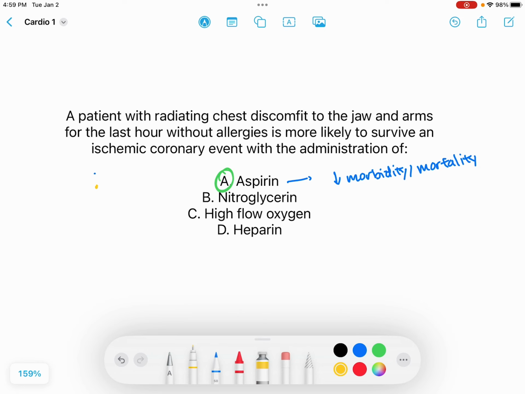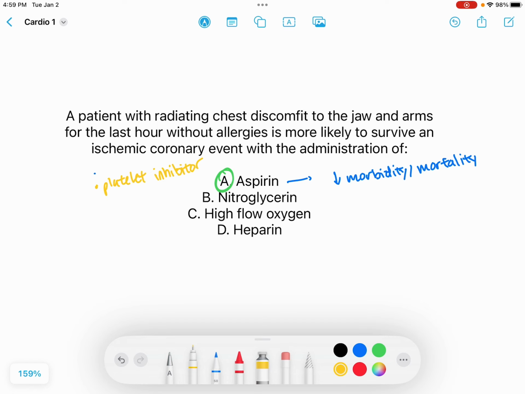But anyways, aspirin functions as a platelet inhibitor. Now, we know that it is an NSAID. It's a non-steroidal anti-inflammatory medication, in the same vein as ibuprofen, naproxen, or Aleve. But aspirin in particular has a lot of platelet inhibition properties. They all do, but aspirin's the biggest one.